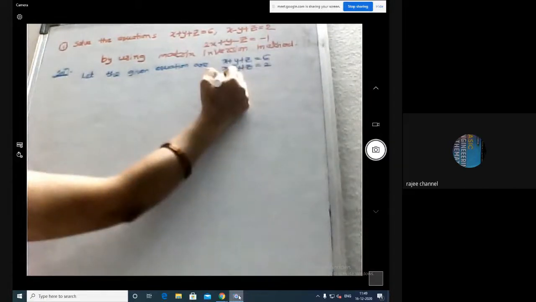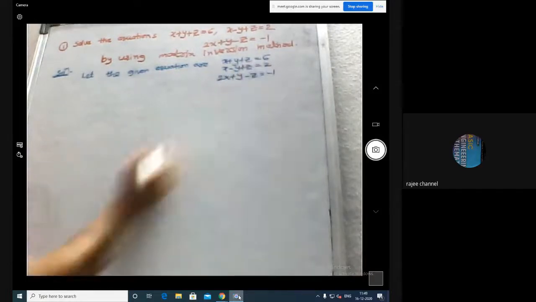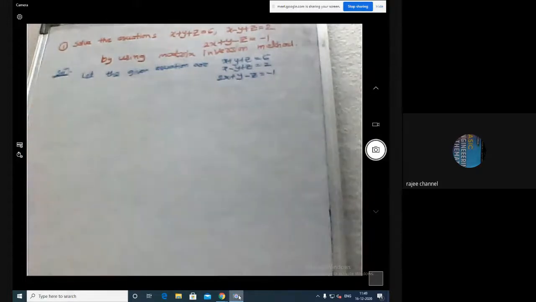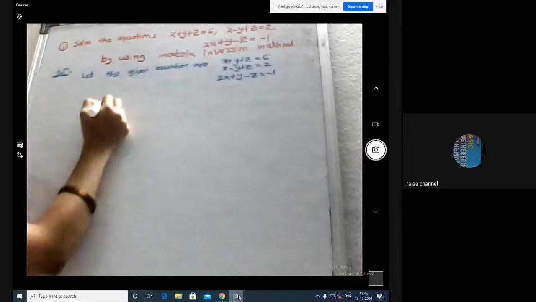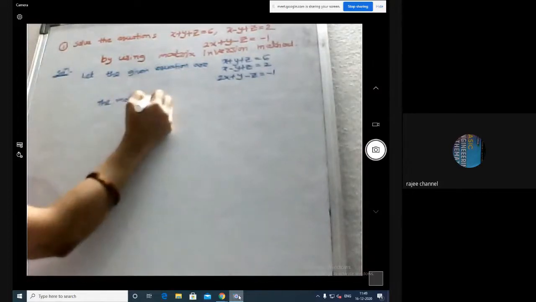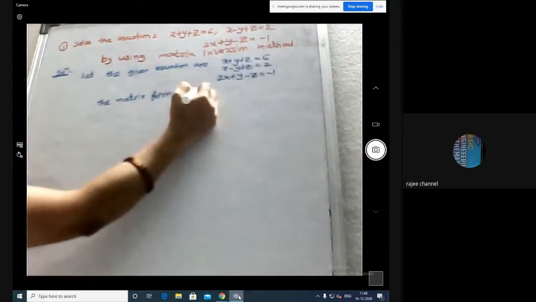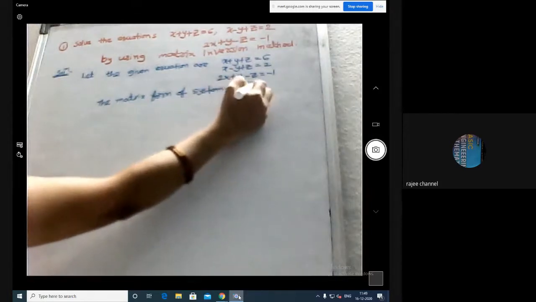Third one 2x plus y minus z is equal to minus 1. So these are the three equations. Now we write the matrix form of this system of linear equations.